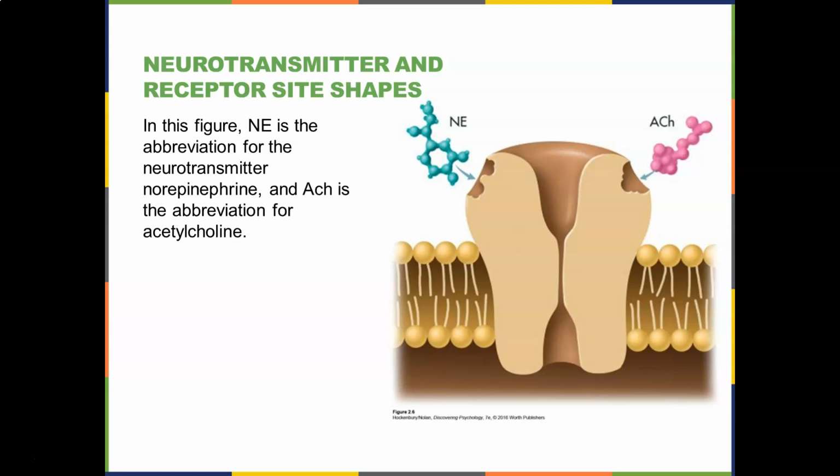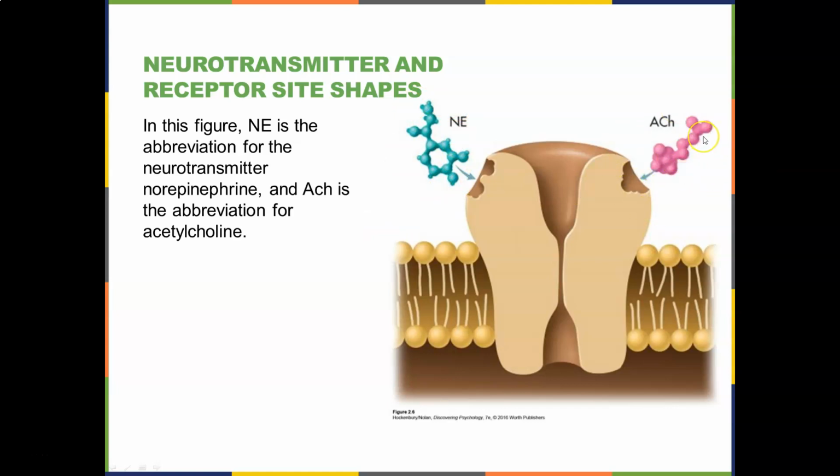Now, the reason I put this diagram in here is simply this. You don't have to memorize the names of these neurotransmitters, but what's important to know is that each one has a specific shape. You can see that this one is shaped differently than this one.